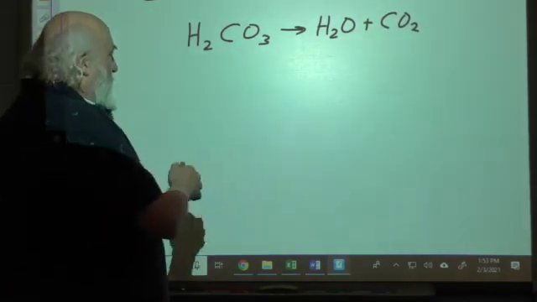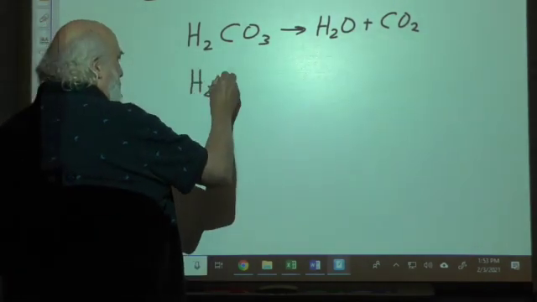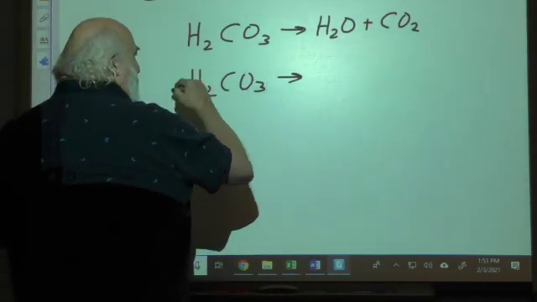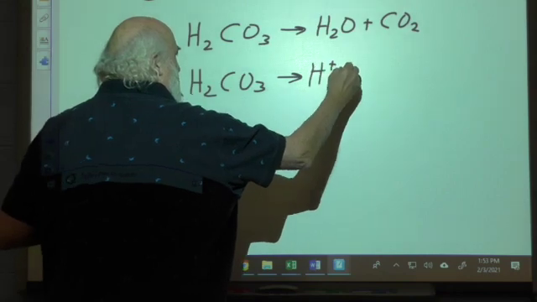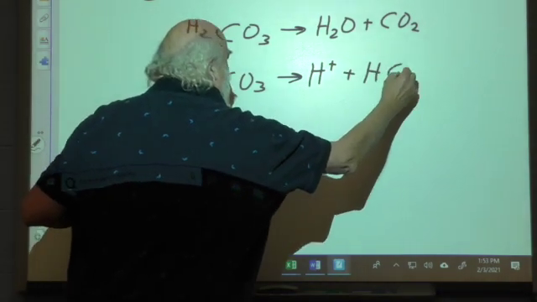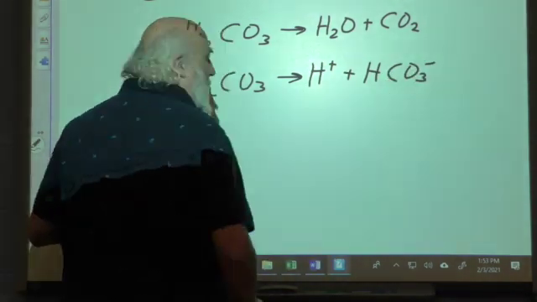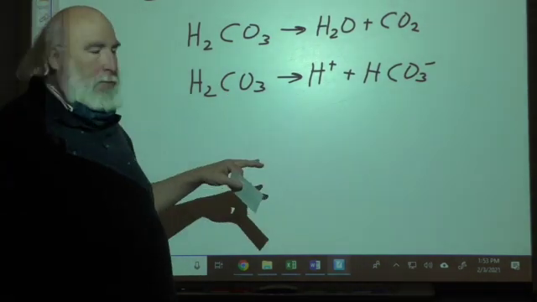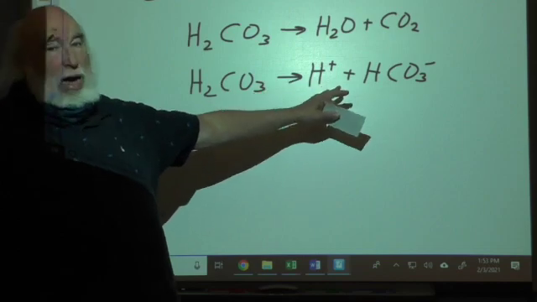It can also, because it's dissolved in water, lose one of these hydrogens, and this leaves a polyatomic ion that we call the bicarbonate ion as a byproduct. So this happens as well.